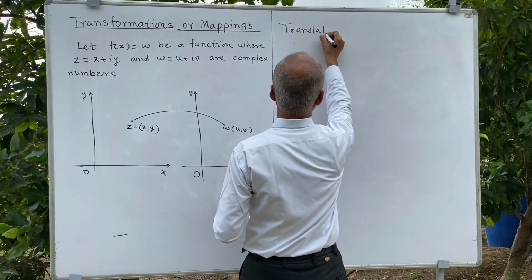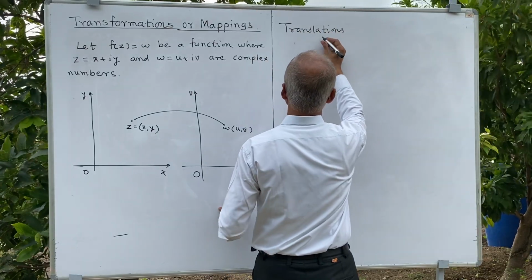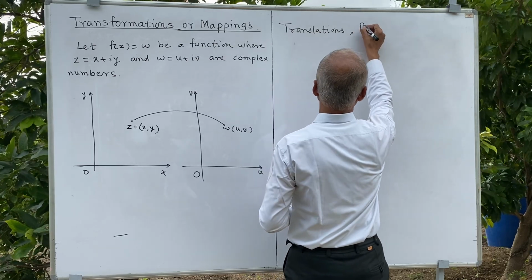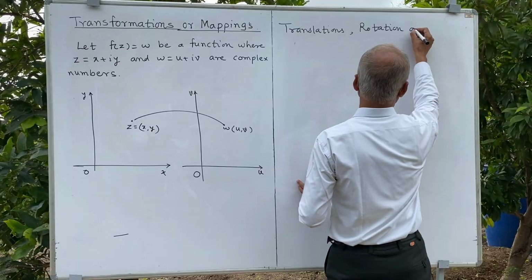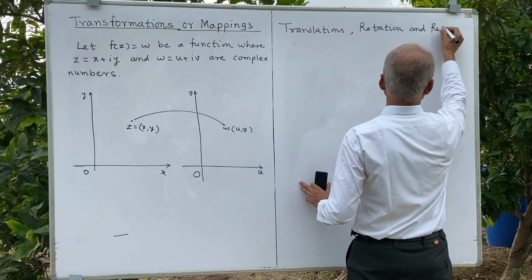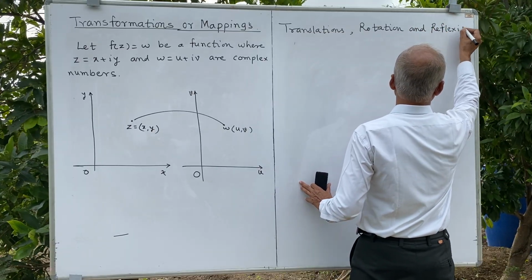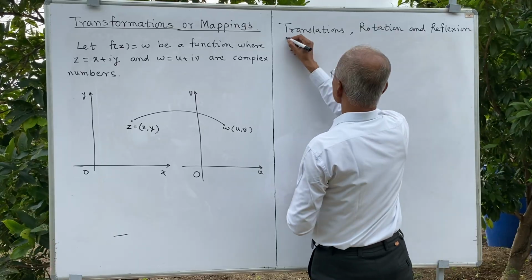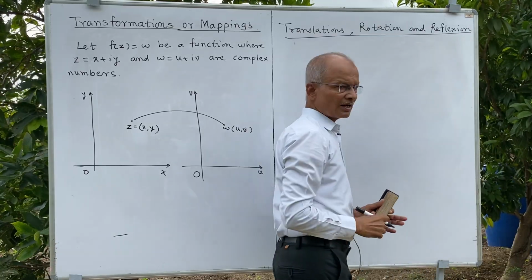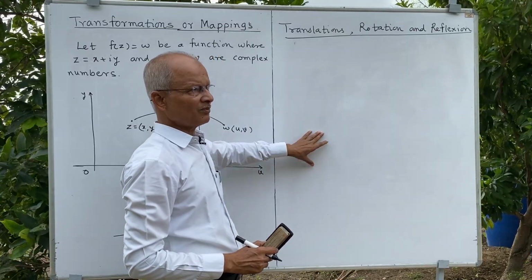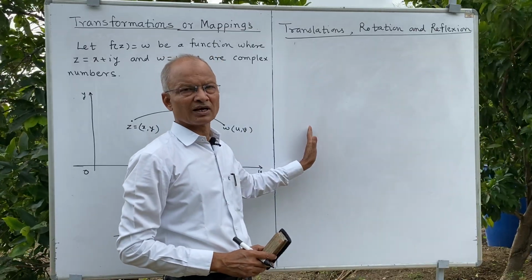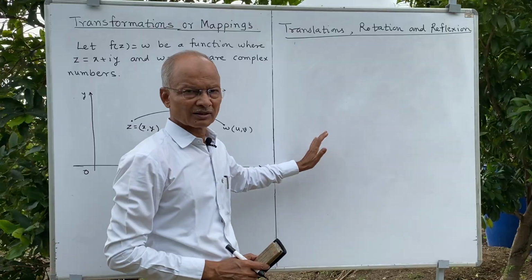We shall consider examples of these mappings: translation, rotation and reflection. But for this we shall consider only one plane, and these are simple mappings and can be visualized in a single plane, with the z and w planes taken to be the same.